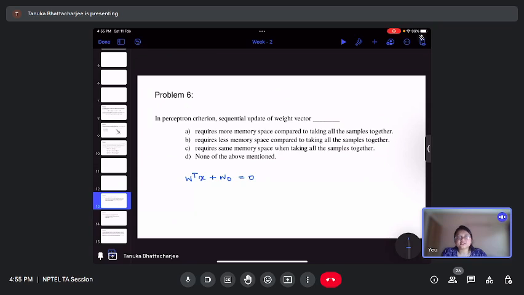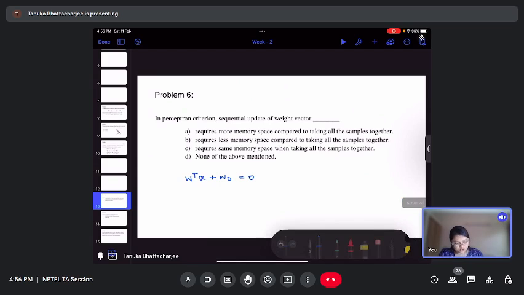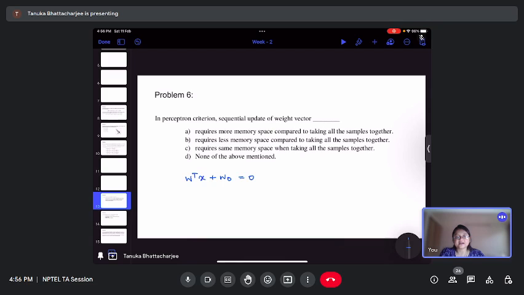Now, to make it computationally easier, we just append this W0 to the W vector, and we make it an augmented W, and also we append 1 at the end of the x vector, so that the overall expression remains this, but now we can write it as W transpose x.